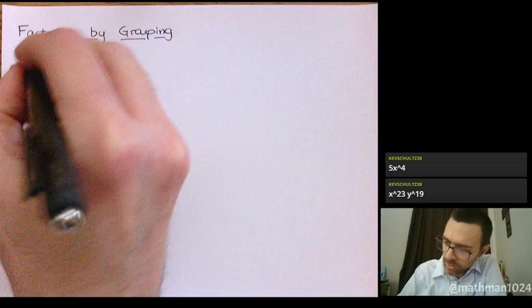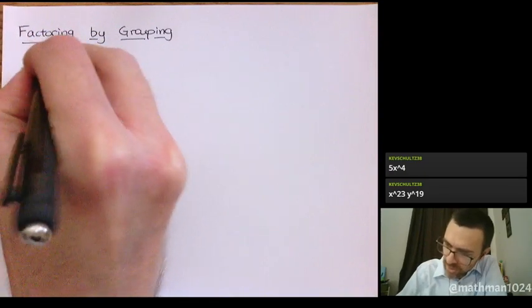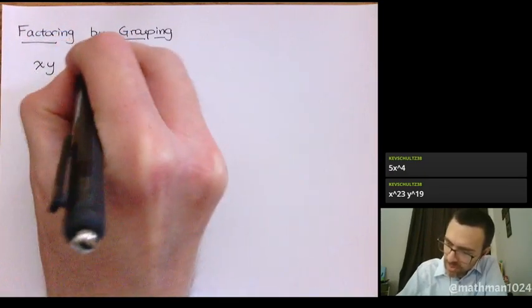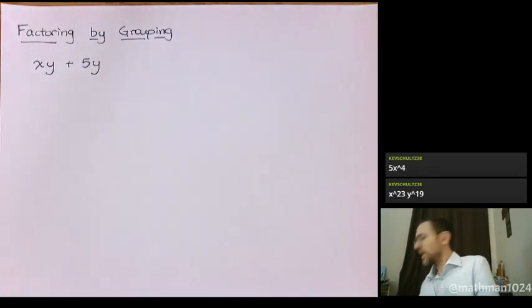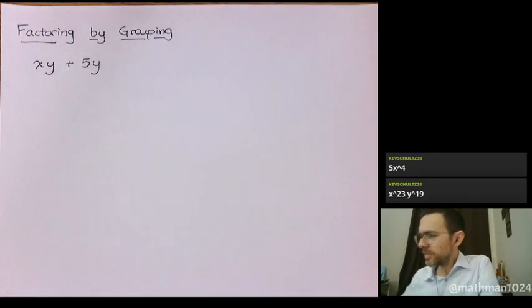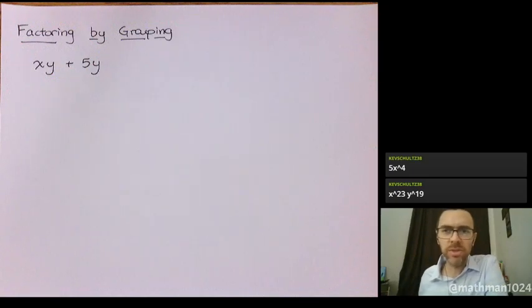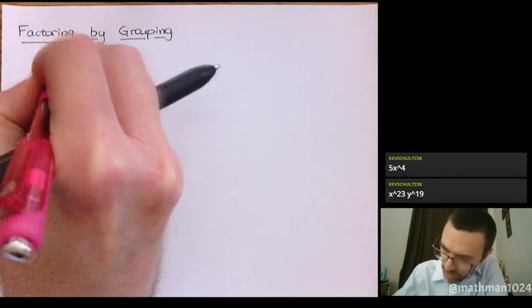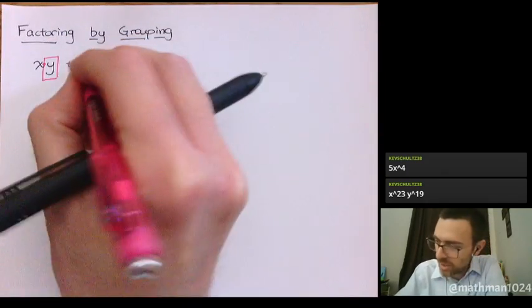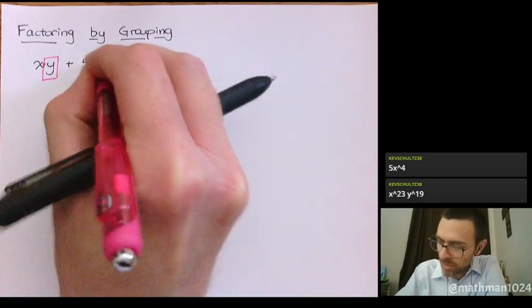So for factoring by grouping, if we start off small like this, and I say xy plus 5y, I hope that you guys can tell that there is a common factor between these two terms. I'll try to make it pretty explicit for you. They both contain a common factor of y. This is x times y and 5 times y.